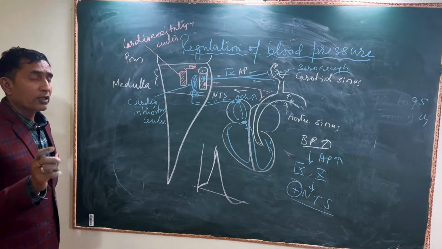If we look at the cross section of the spinal cord, here we have the dorsal horn, this is the ventral horn, and here we have the lateral horn. So this is the center of sympathetic.